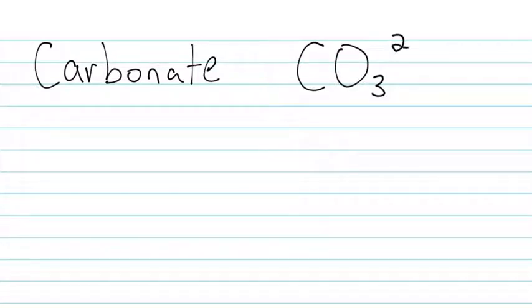It's got a 2- charge overall. Then you can really see the difference between the low-down number. The 3 just means there are 3 oxygens for every 1 carbon, and that 2- means the charge of this one is -2. And they tell us the charge next door in that column on the pink list also.